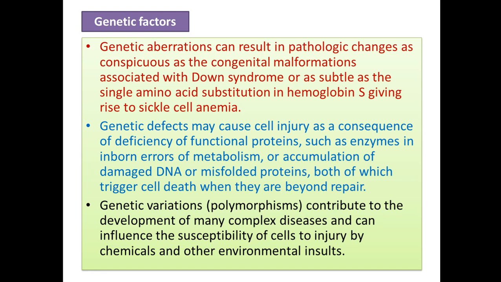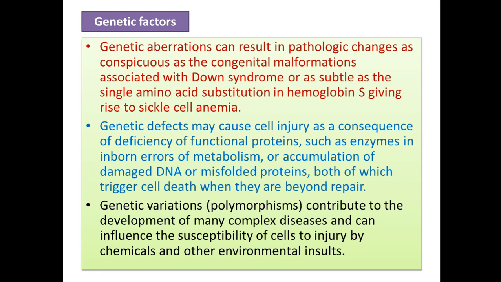For example, we have 46 chromosomes which are arranged in 23 pairs: one pair of sex chromosomes, XY, and 22 pairs of autosomes. But in Down syndrome, the genetic problem is that there is an extra chromosome 21. Instead of 2, there are 3 chromosomes. This is also known as trisomy 21, and this situation leads to severe mental retardation and a very miserable life, not only for the patient but also for his or her parents.